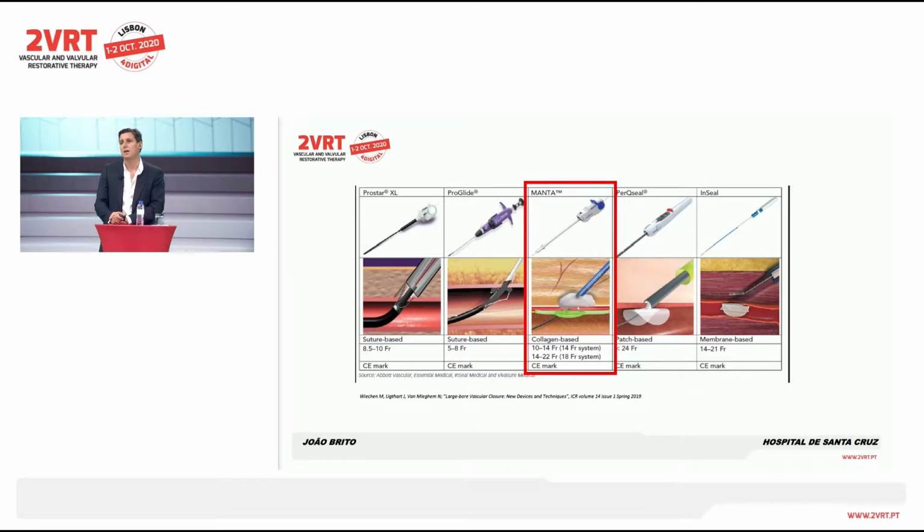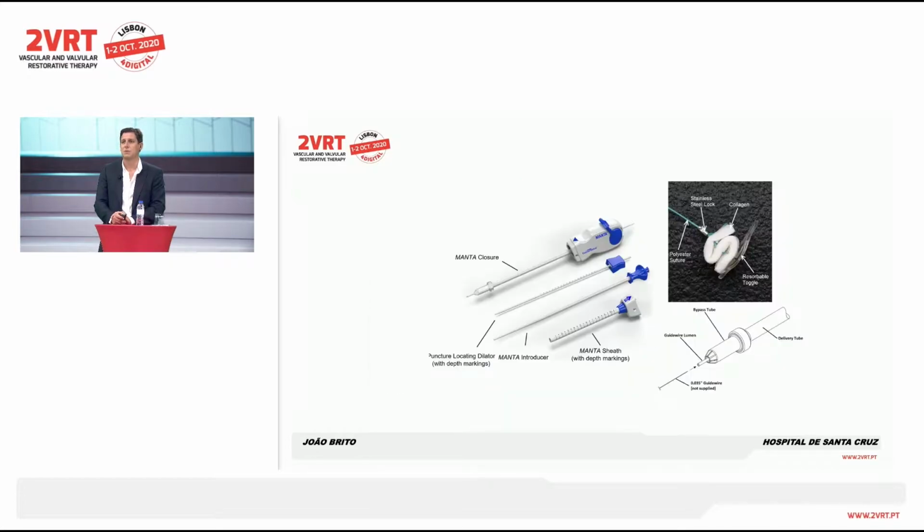And we have the Manta 18 French that is able to close 14 to 18 French sheath, but the outer diameter may be up to 25 French. So in this point of view, both Manta devices may close 10 to 25 French access sites. So it's a wide range of devices that may be used.